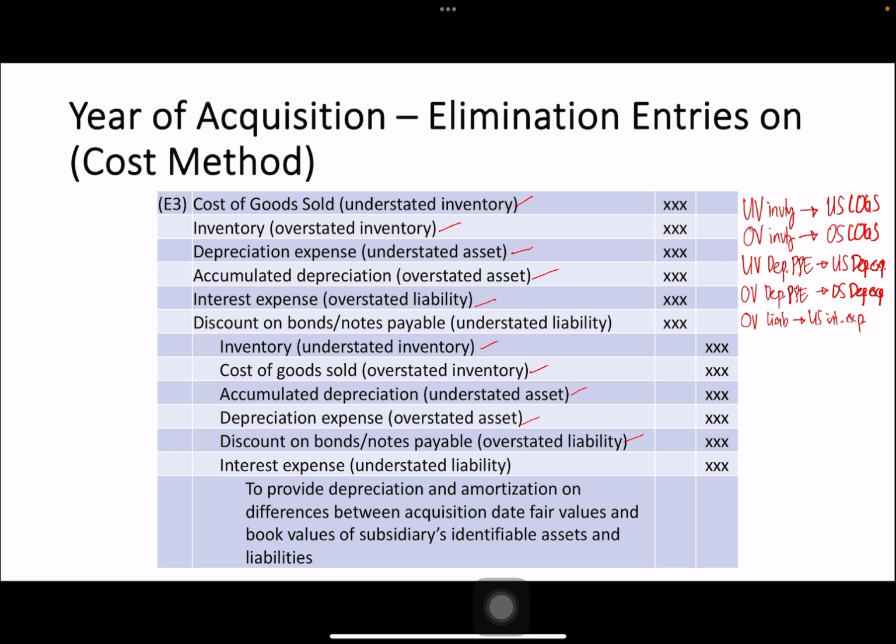On the other hand, undervalued liabilities implies that there is a premium, and amortization of premium decreases interest expense. Hence, interest expense is overstated. To correct, we debit discount on bonds or notes payable and credit interest expense.